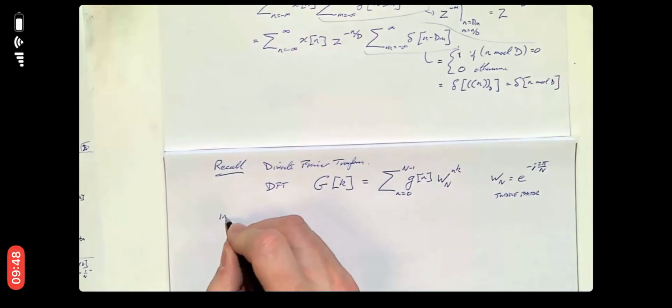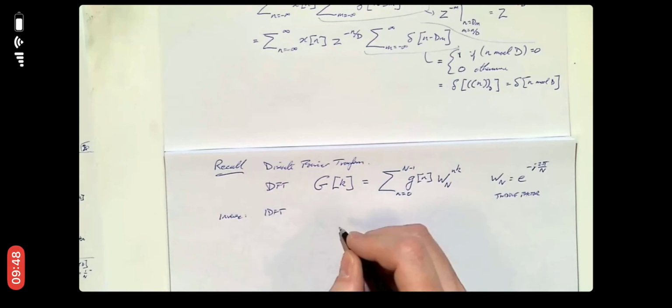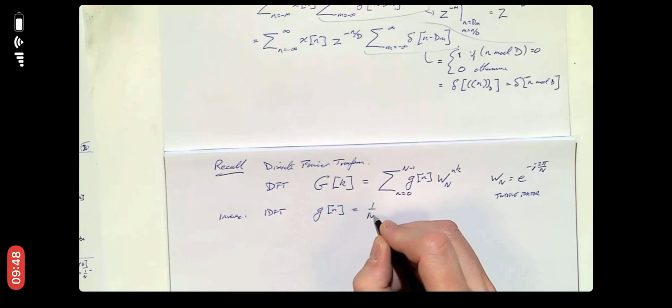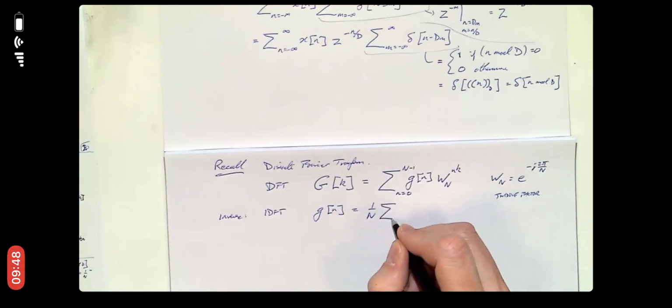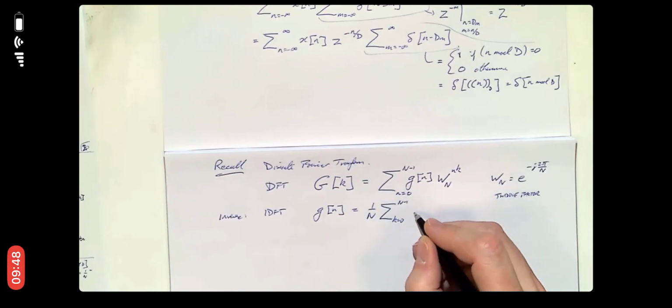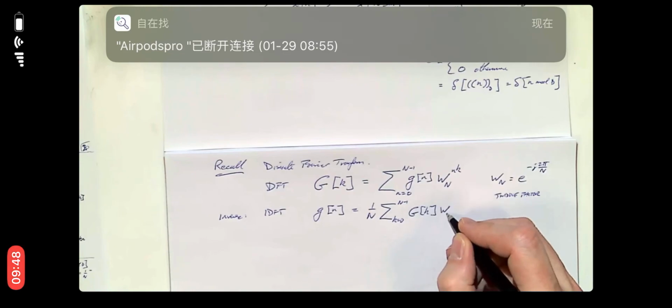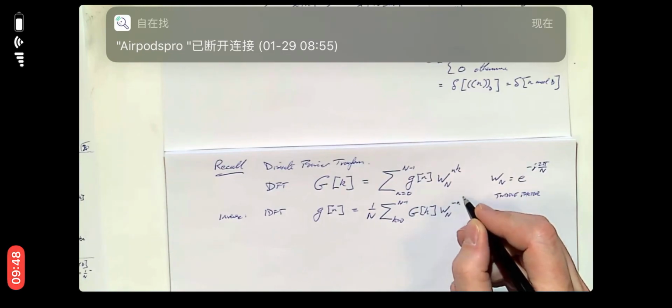We've got an inverse, the IDFT. g of n is 1 over N, the sum from k equals 0 to big N minus 1, big G of k, W_N to the minus nk.